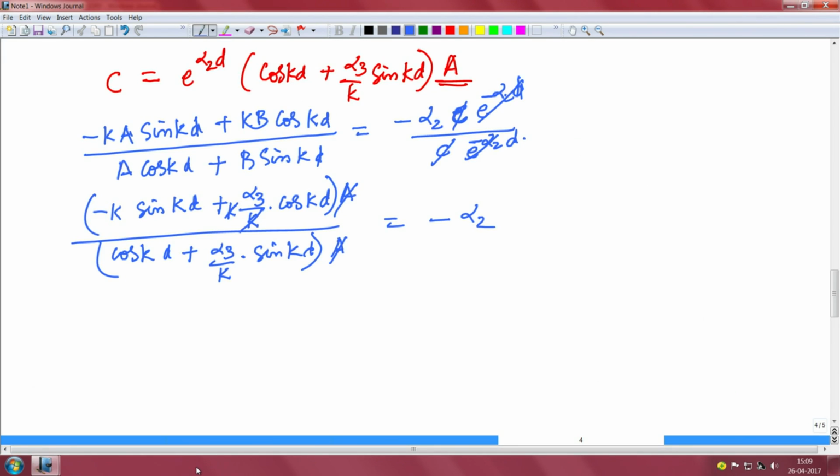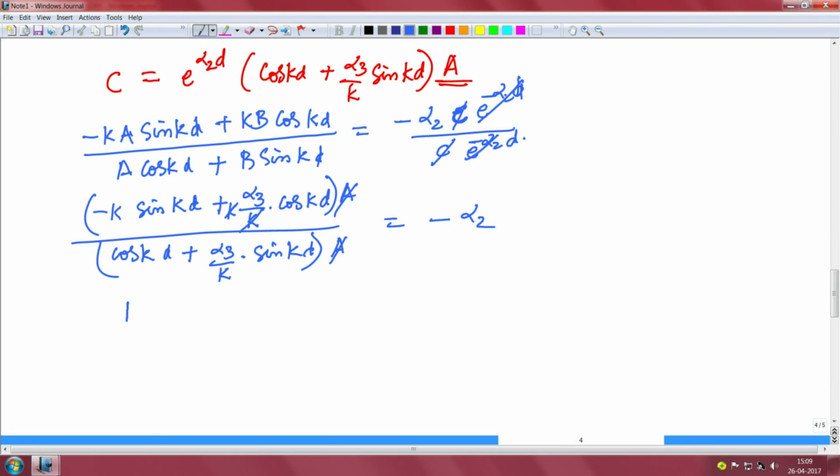So, I would like to simplify this expression by using the trigonometric properties of the trigonometric functions. So, let me cancel out this alpha also, so that there is a positive sign for this sign, and also I will divide this throughout by k, so that you have alpha 3 by k, and also I will put it in form of tans. So, I will divide by cos also.